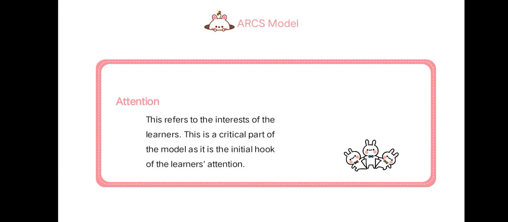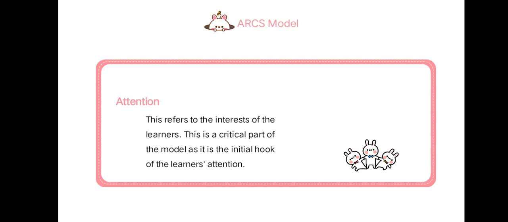Attention refers to the interest of the learners. This is a crucial part of the model as it is the initial hook of the learner's attention. So, yung attention, kumbaga sa lesson plan, it is the motivation, no? This component focuses on capturing the learner's attention, piquing their interest.